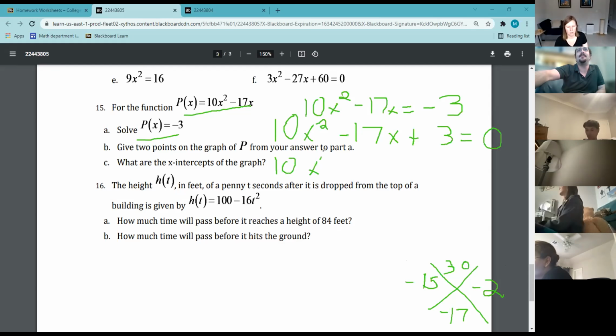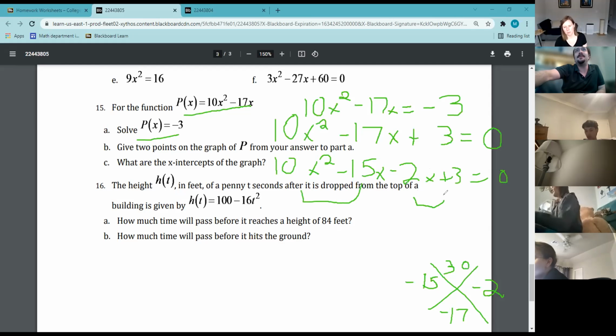So we want to break this apart using the AC method, by grouping. We're going to factor this by grouping. I'm going to finish this up and we'll be out of here. So this is 5x, and I have a 2x plus 3 in here.